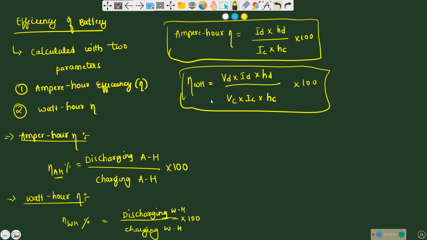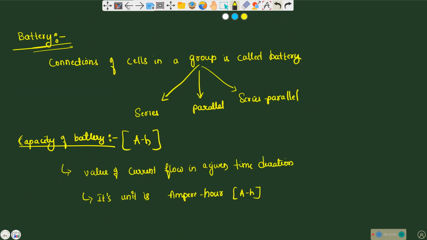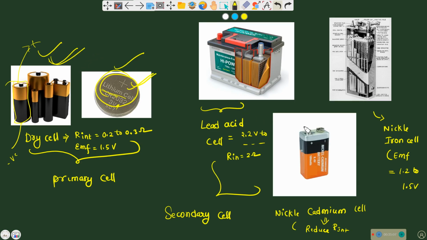Okay, so battery charging. Now we will talk about battery charging. So after the construction of a cell or a battery, as I have shown here, so this battery has been constructed, and charging of the cell is required. Apart from this, when the battery is partially or completely discharged, then it is charged again.